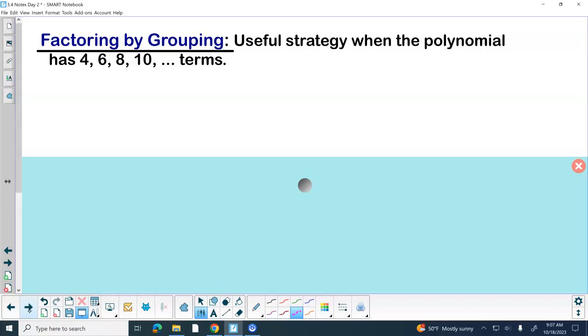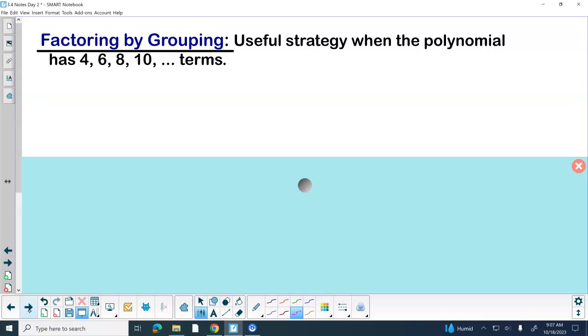Factoring by grouping is only used if you've got 4 or more terms. So that's the easy way to see it. If you've got a lot of terms, more than 3, you're going to use grouping.